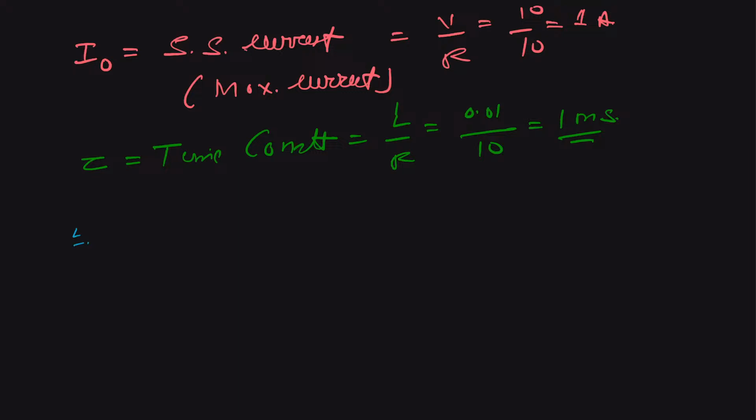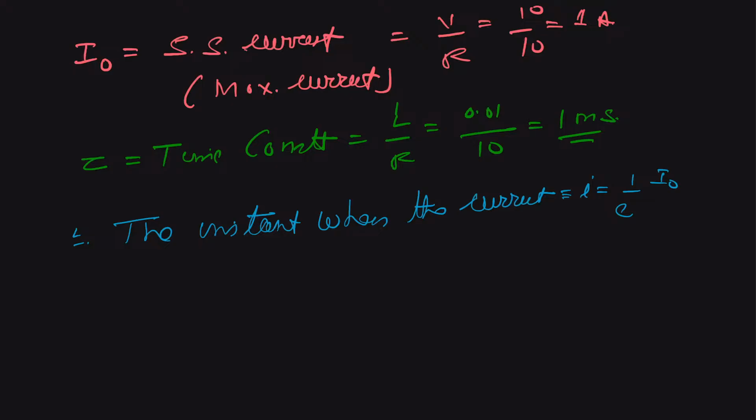So you can say the instant when the current, that is our I, is equal to 1 upon e times the maximum value of the current, and maximum value of the current is 1, so this comes as 1 upon e.